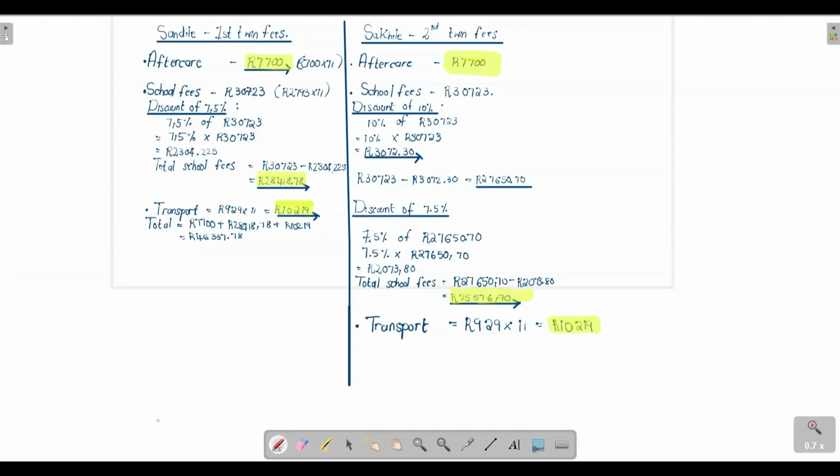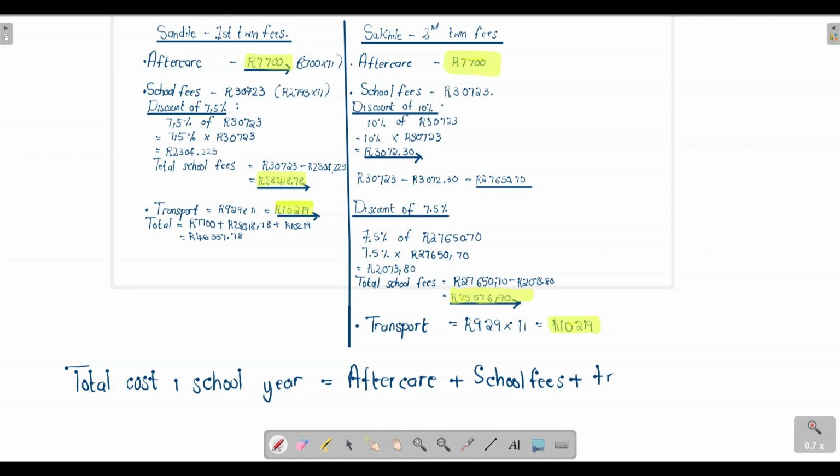Okay, so the total spent in one school year, the aftercare cost plus the school fee costs plus the transport costs. Okay, so how much was the aftercare, right? So the aftercare for Usandile is 7,700 and the aftercare for Sakile is 7,700, right? So what are we going to do? We're just going to take that 7,700 and you're going to multiply it by 2.